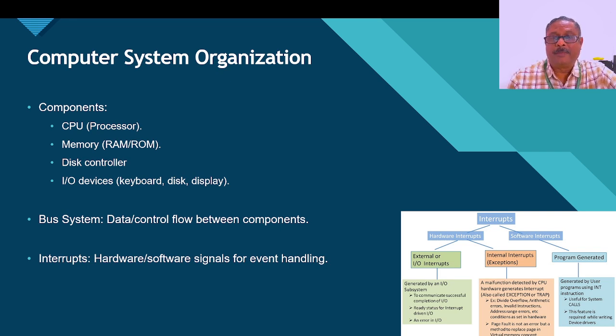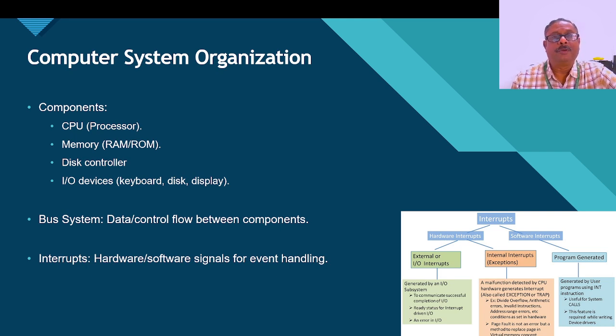So basically, the interrupt is used to signal some event. If a particular event occurs, we want to make the CPU aware that such an event happened.